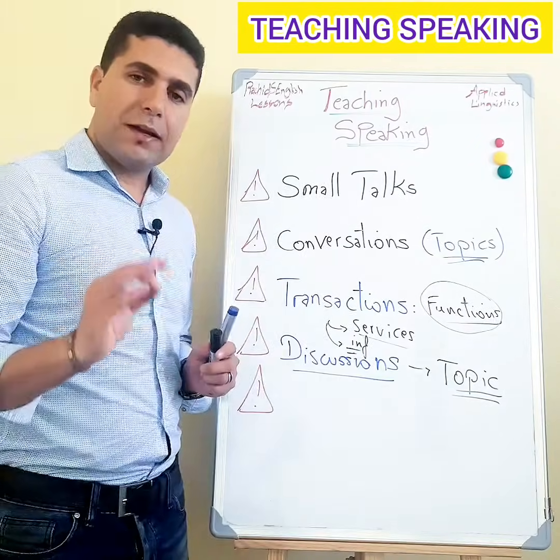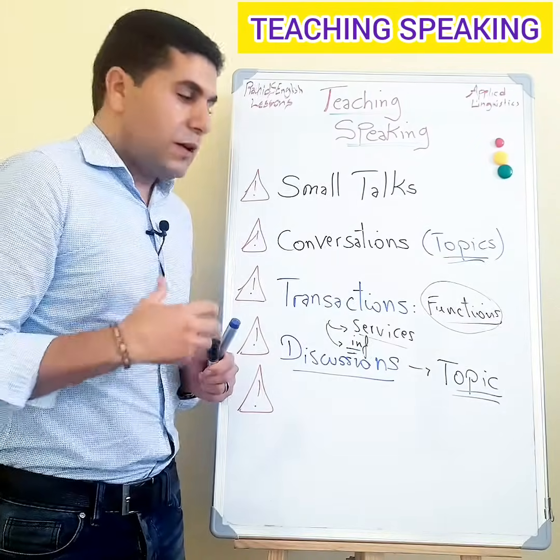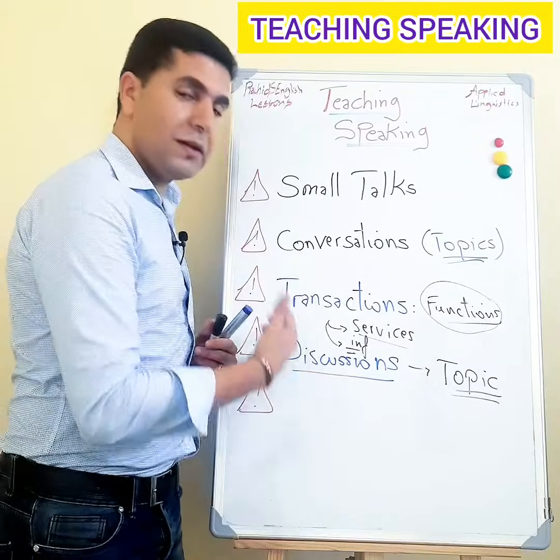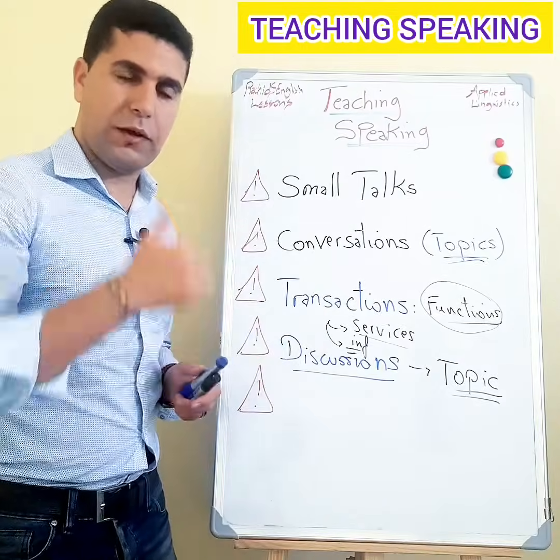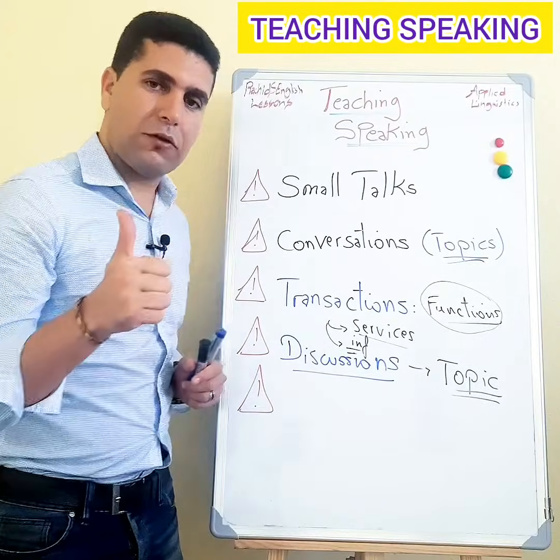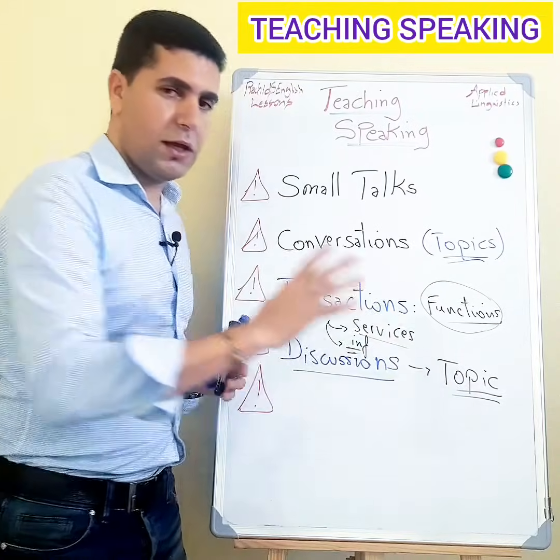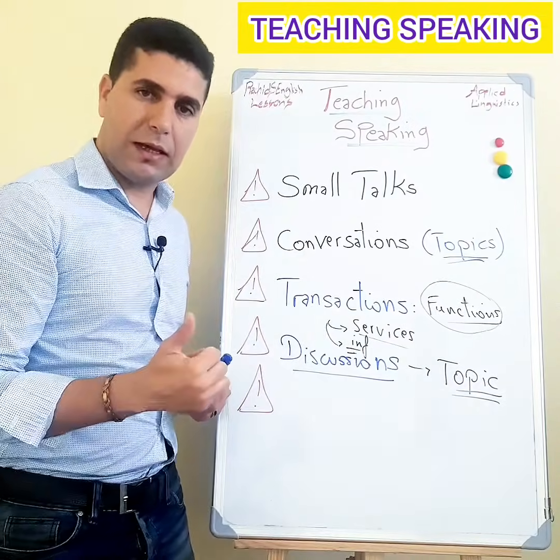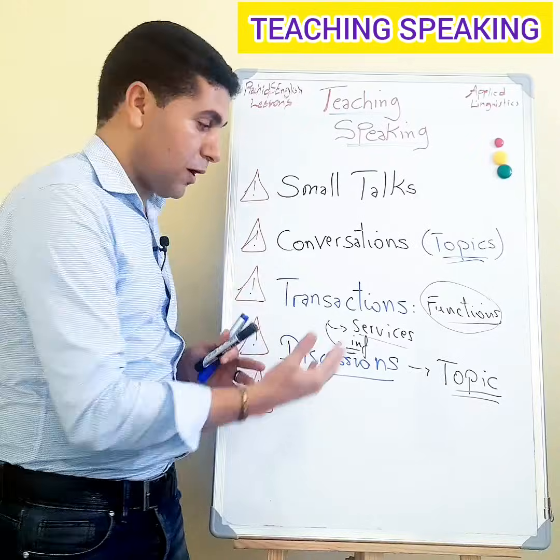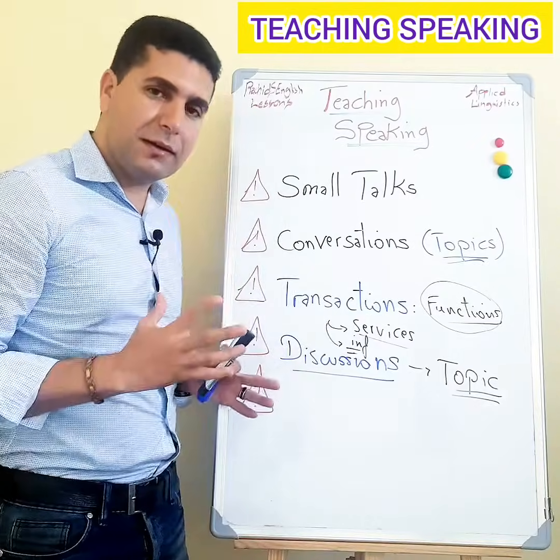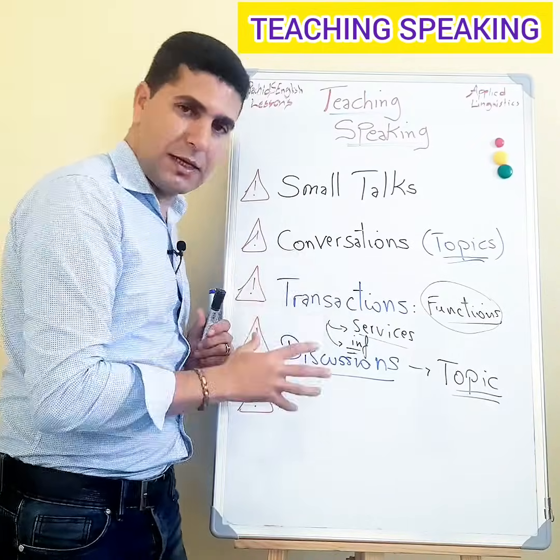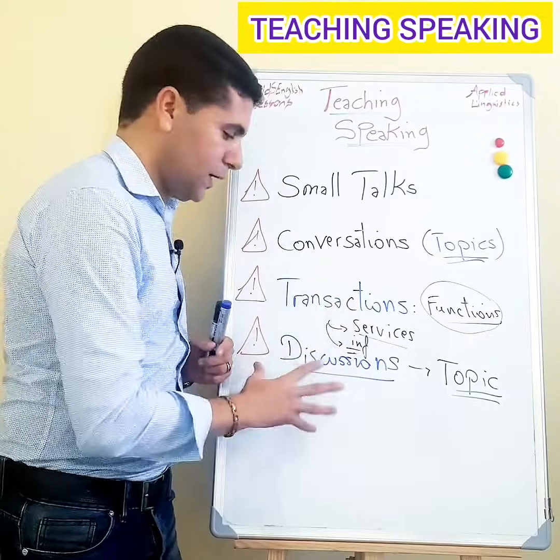Now, what are the skills that students need to discuss in groups? For example, asking questions, using specific vocabulary related to each topic, turn taking, sustaining turns, etc. These are some skills that students need in order to be involved in discussions.